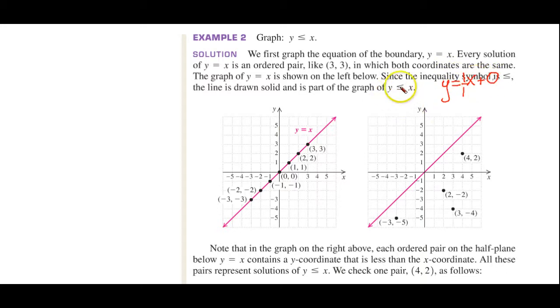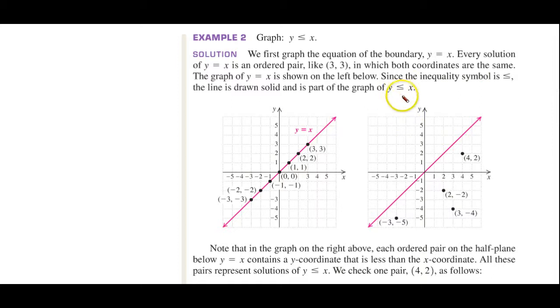But now it says y is less than or equal to x. So a rule of thumb, a sort of shortcut: whenever y is less than something, we will shade under the line. If y is greater than something, we will shade above the line.